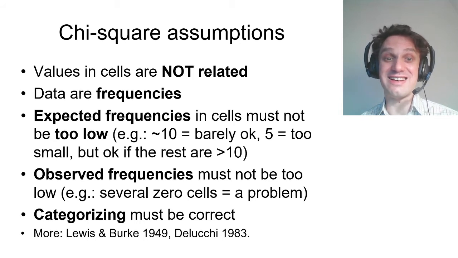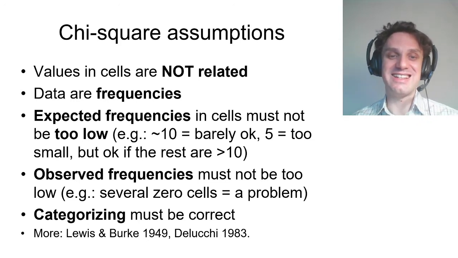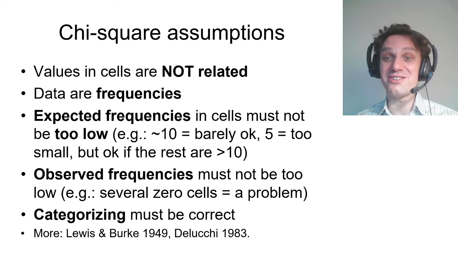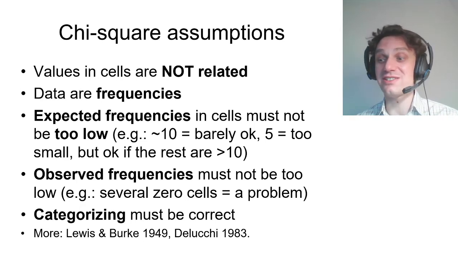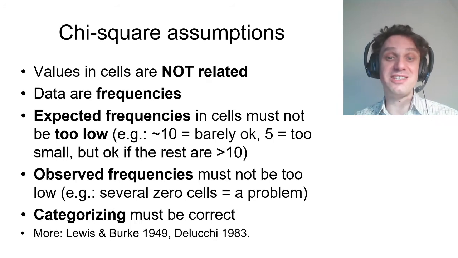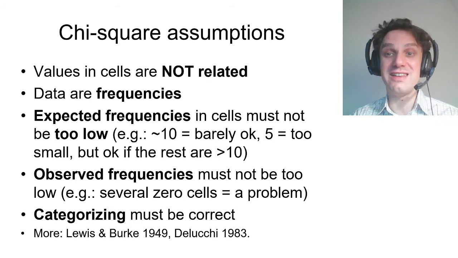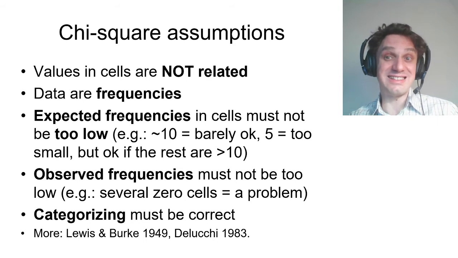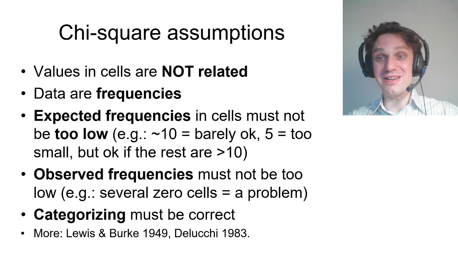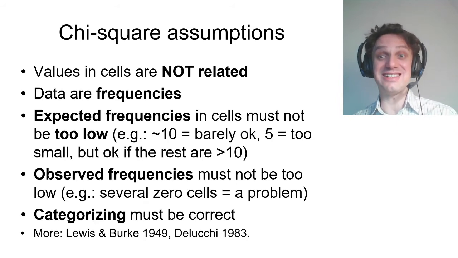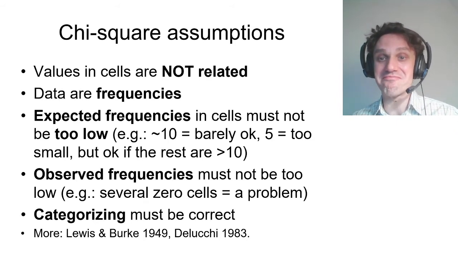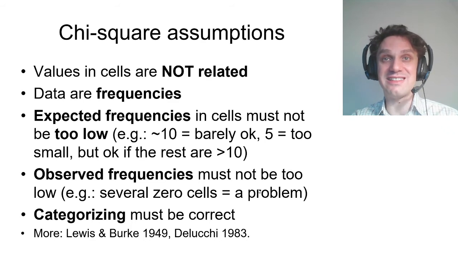That's why you need maybe to collapse similar answers into larger categories, or just exclude some categories from analysis in order to meet these assumptions of chi-square. Because I've seen in research papers when people applied chi-square test to dependent samples, to a situation when the values in the cells were related, they came from the same individuals. And this is completely wrong, because it basically would lead to mistaken conclusions.